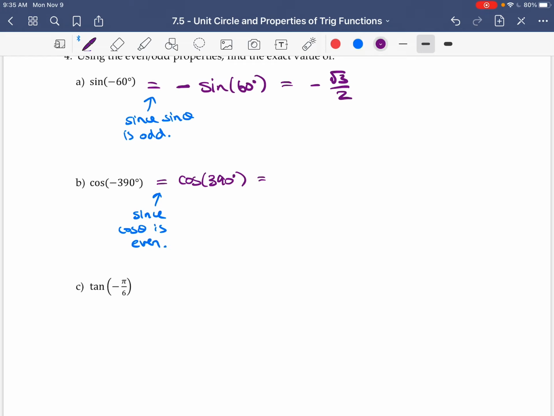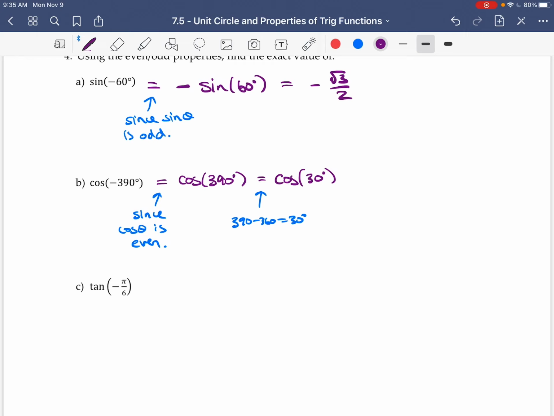Now 390 is bigger than 360, so it's more than a full turn. So a coterminal angle is going to be, if I subtract 360, cosine of 30 degrees. So those are coterminal, so the cosine values are equal.